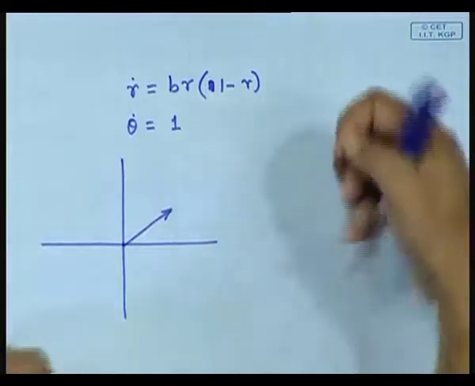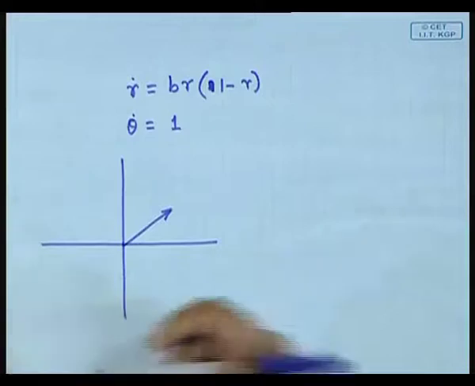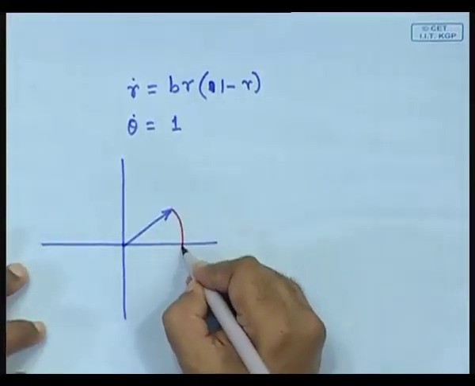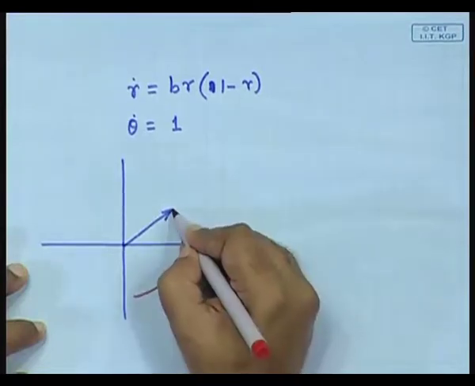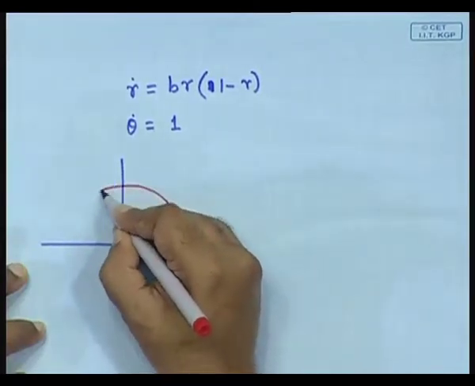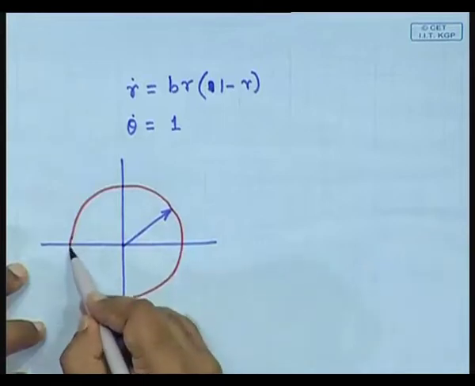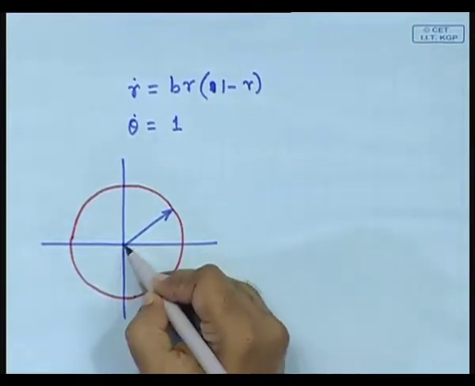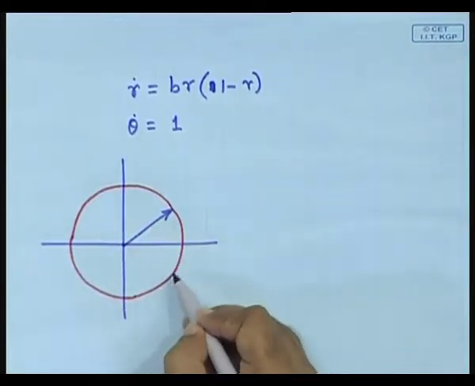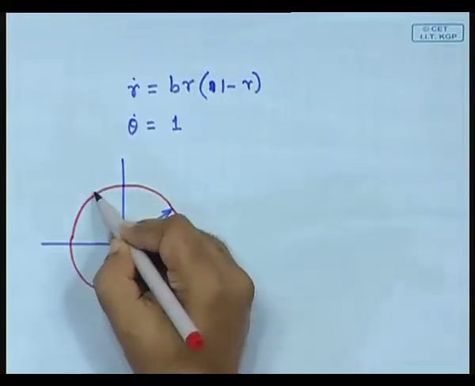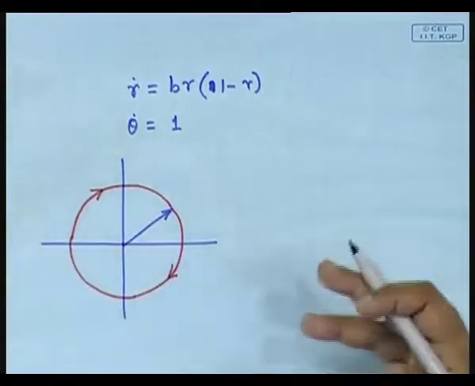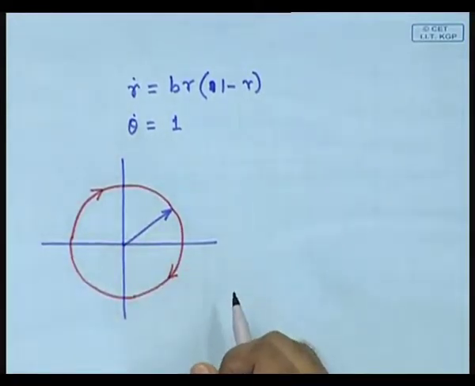Negative, which means it will come back, which immediately means that it harbors a limit cycle at r equal to 1. Right. Start from an initial condition inside, it will go outwards and converge onto it, and start from an initial condition outside, it will again come inward from outside and will converge onto it.